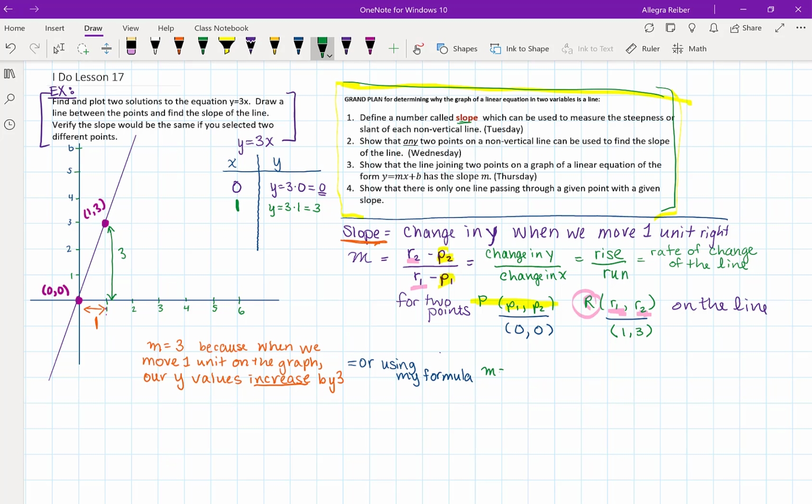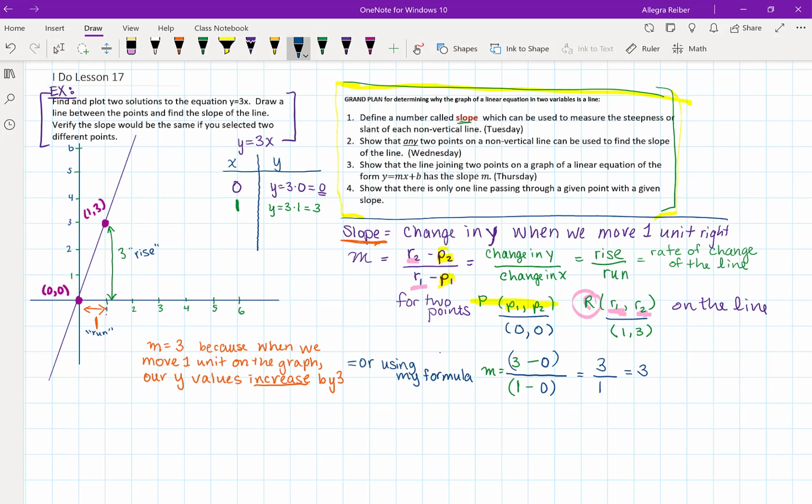In this case, my slope looks like the y-coordinate of R minus the y-coordinate of P, so 3 minus 0, all divided by, I'm going to put parentheses to remind us to do our subtraction first, the x-coordinate of the point R, which is 1, minus the x-coordinate of the point P, which is 0. And in this case, we get 3 minus 0, which is 3, divided by 1 minus 0, which is 1, a ratio of 3 to 1, which is 3. And in that way, we're seeing that the ratio of rise over run also can be used to get this answer.